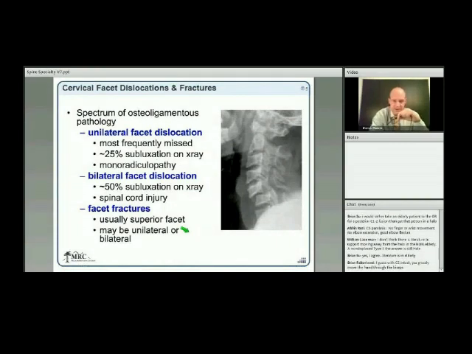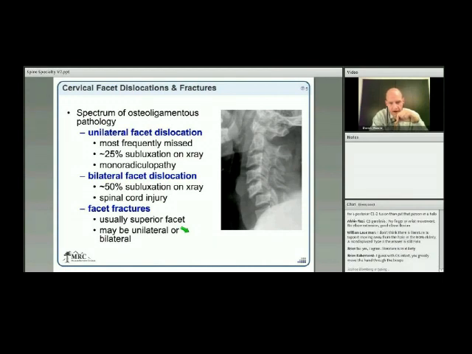So cervical facet dislocations, it's essentially a spectrum of disease that goes from unilateral facet dislocations, which are often missed on x-rays just because you only have 25% of subluxation. These classically present with a monoradiculopathy, meaning it only involves one arm.